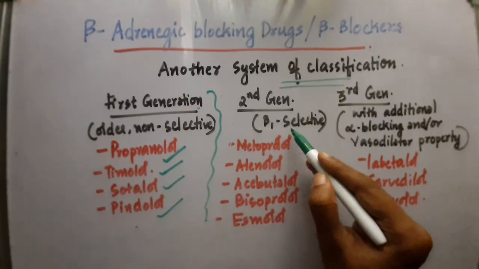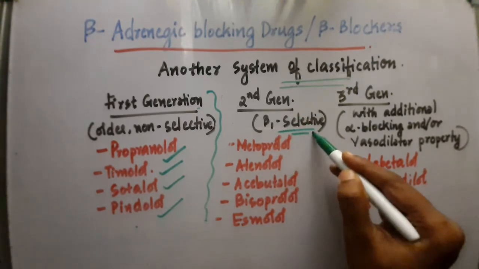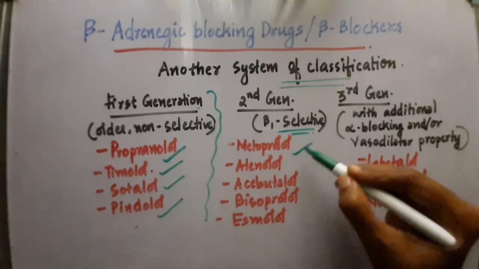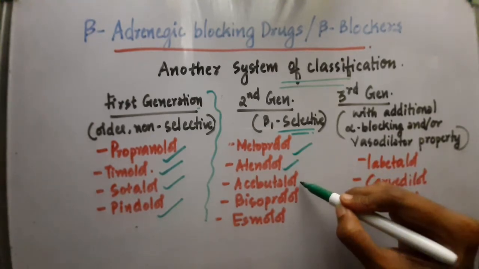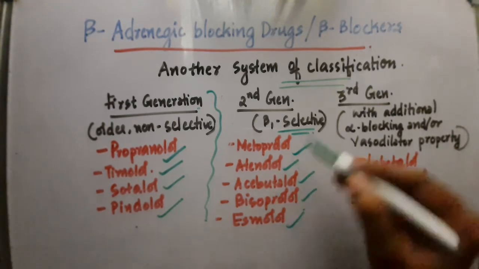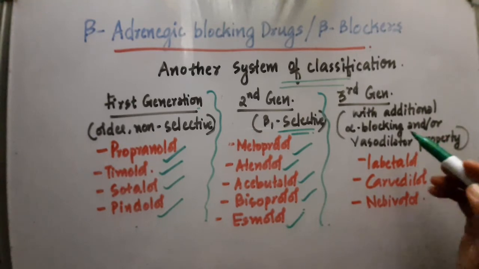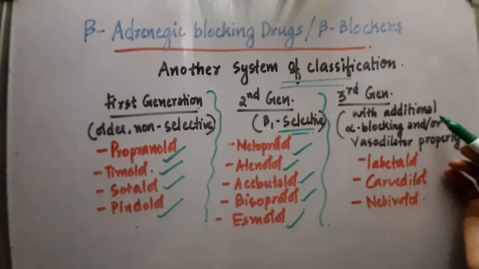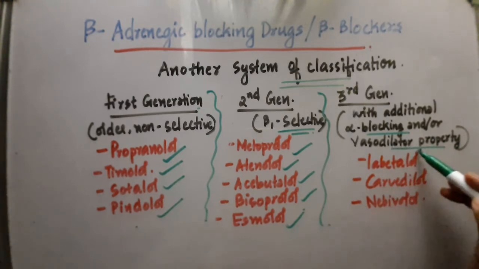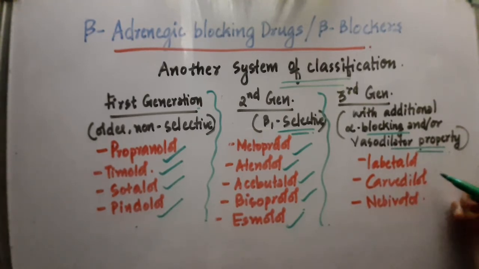So second generation drugs are beta 1 selective, and the drugs included are metoprolol, atenolol, acebutolol, bisoprolol and esmolol. And for third generation, they are the ones that have additional alpha blocking and or vasodilator property, and the drugs that come under that class are labetalol, carvedilol and nebivolol.